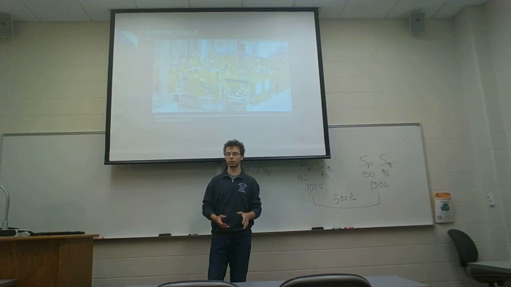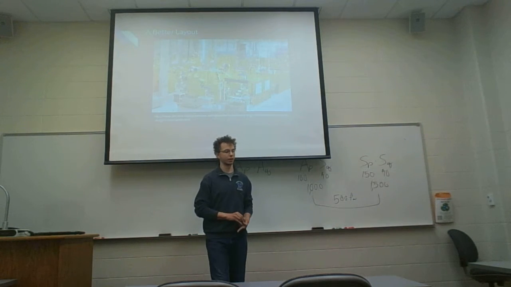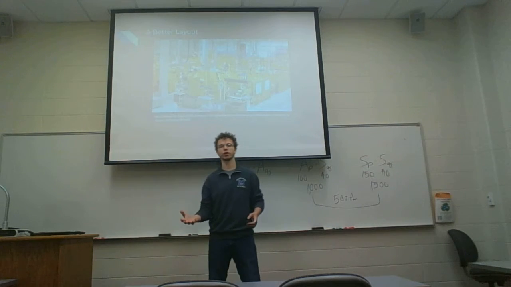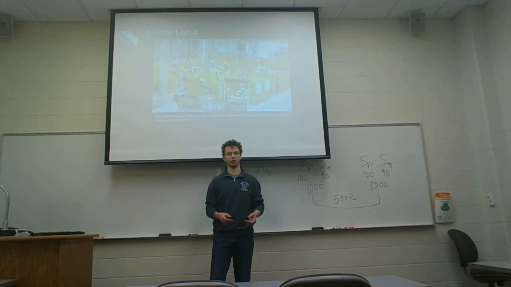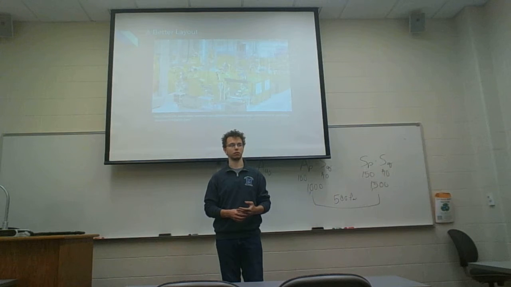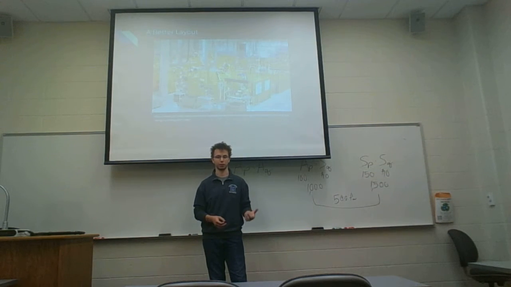Now, currently minimum wage in 2019 is $8.55 an hour. And so if we take $8.55 times, let's say, a 40-hour work week, it comes up to a little over $300 a week spent in labor wages.